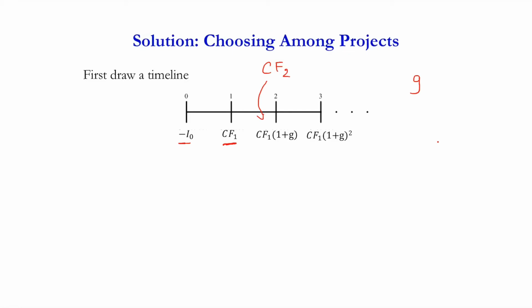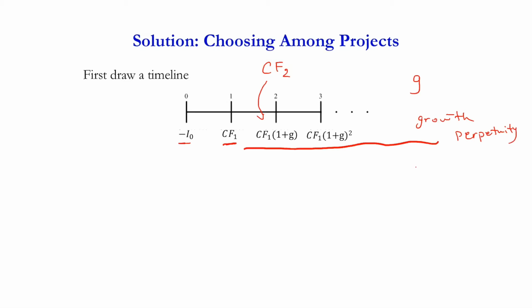If you just ignore the initial investment for the moment, and you want to calculate the present value of all these cash flows that go forever, we can use the growth perpetuity formula. These cash flows represent a growth perpetuity, and we can use the present value of a growth perpetuity formula to value these cash flows at time zero.